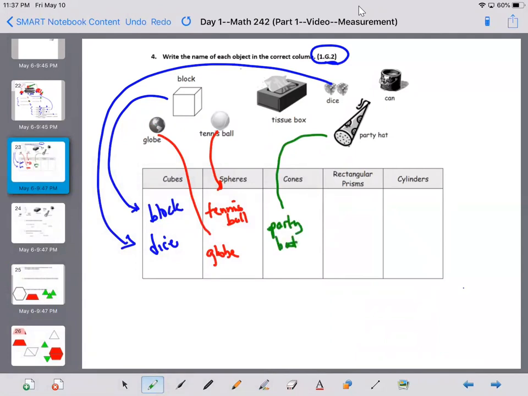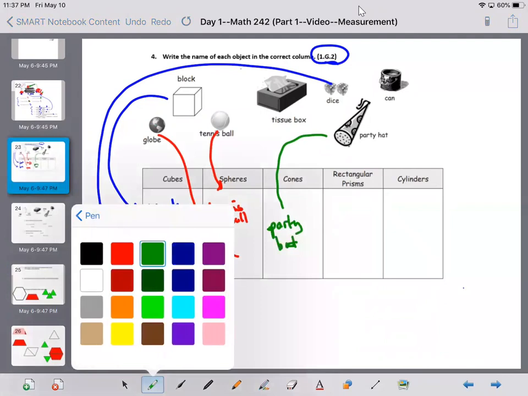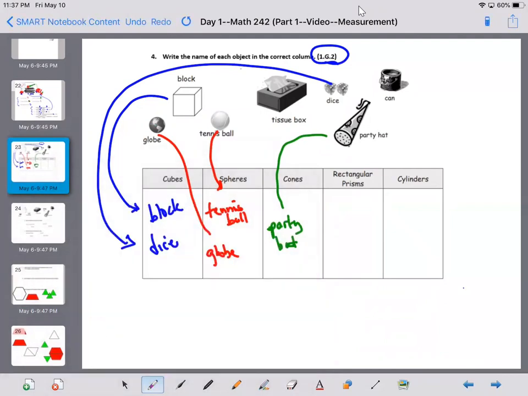and then rectangular prisms. So with the rectangular prisms, some of them are called cubes because we know the side lengths are the same, but a rectangular prism is kind of that big idea and that umbrella type of representation attribute.